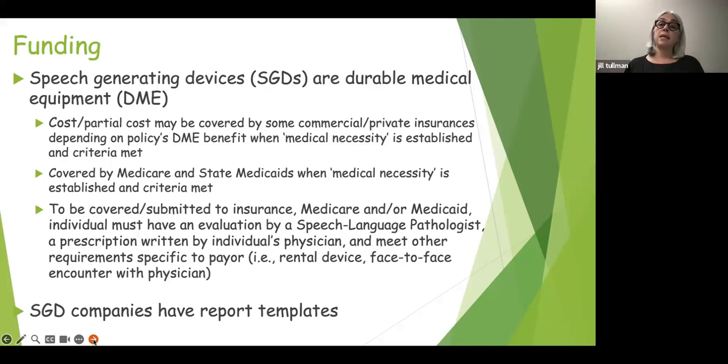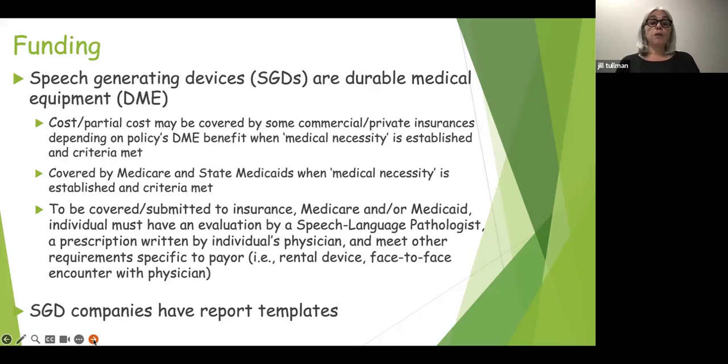One is that the individual for whom the device is being recommended must have an evaluation by a speech language pathologist, looking at different devices and clearly documenting what is going to be optimal for the individual and why.